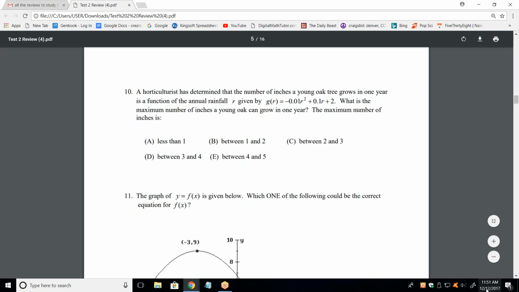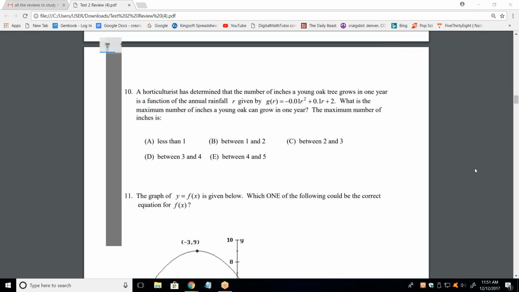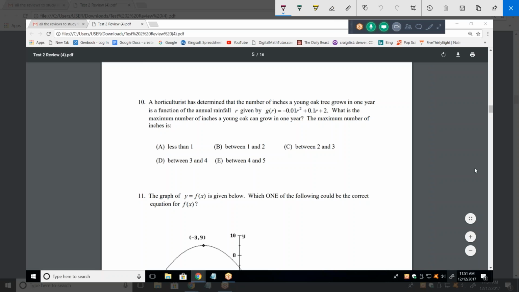Here's what I was going to say. If you have a quadratic, it's a parabola. So it either looks like that, and you're always interested in finding where that is, both on the x-axis and what the amount is.